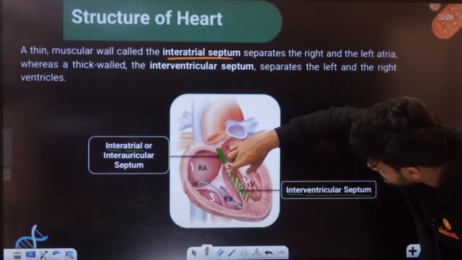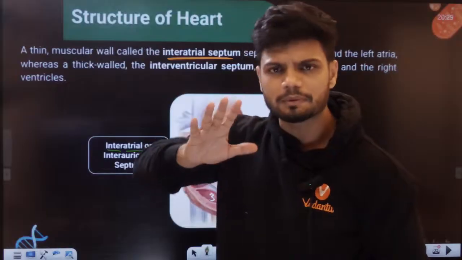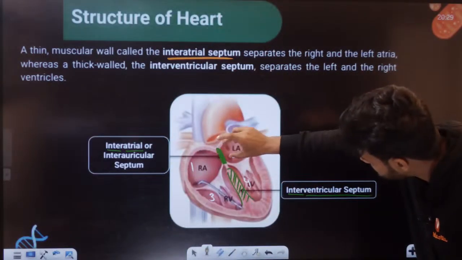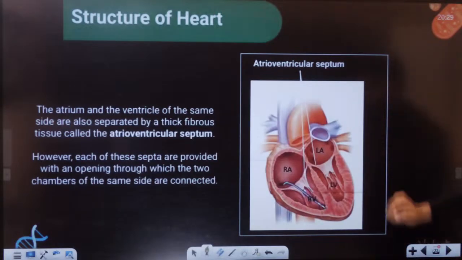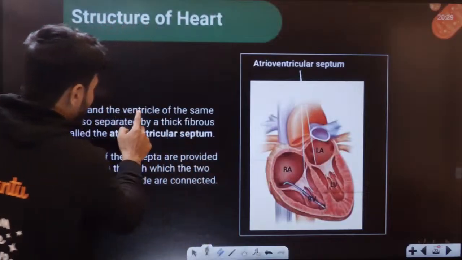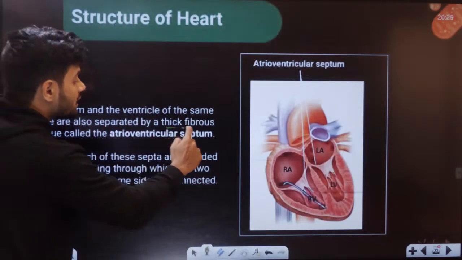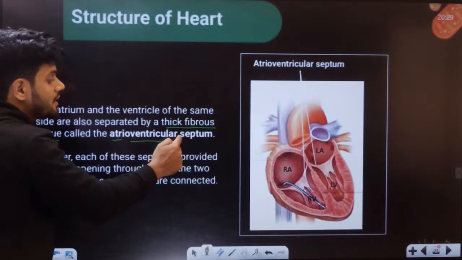Between two ventricles, the interventricular septum. These are two different septums now, students. Now the atrium and ventricles of the same side are also separated by thick fibrous tissue called the atrioventricular septum.